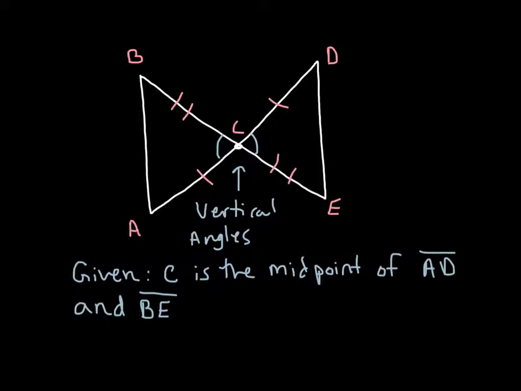And so now I can make triangle ABC congruent to DEC using the angle, or excuse me, let me rewrite that, using the side, included angle, side. We say side, included angle, side simply because the angles that we're saying are congruent are sandwiched between the sides that we've noticed are congruent. And so we can say that triangle ABC is congruent to triangle DEC based off of the SAS postulate.